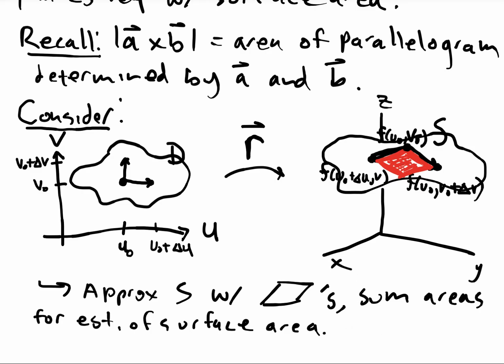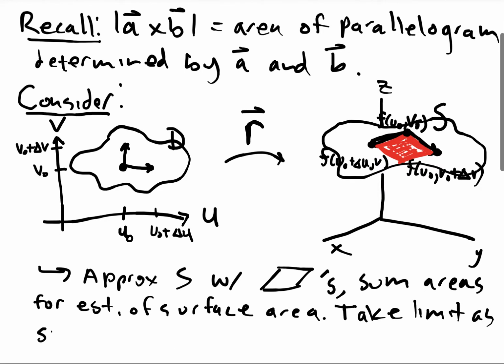So here what I want to do is take that sum and take the limit as the size of my parallelograms shrinks. As the size of those things goes to 0, I'll just say that it shrinks.